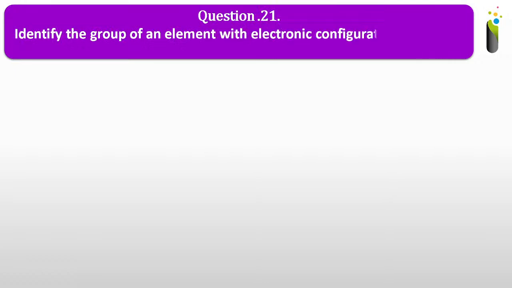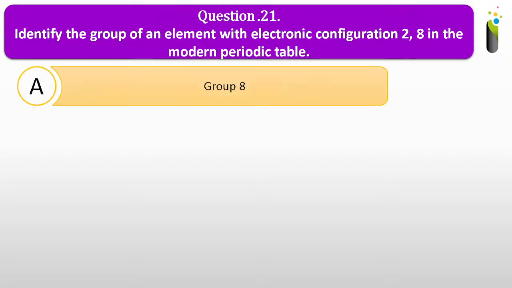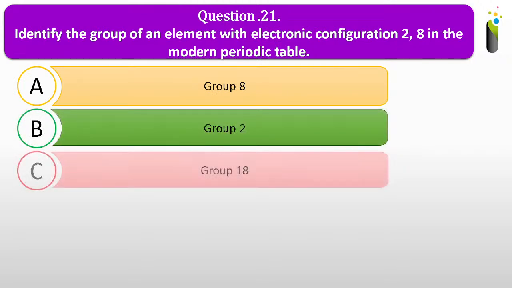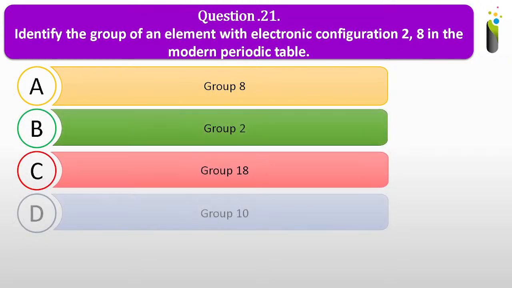Identify the group of an element with electronic configuration 2,8 in the modern periodic table. A. Is it group 8? B. Group 2? C. Group 18? D. Group 10?